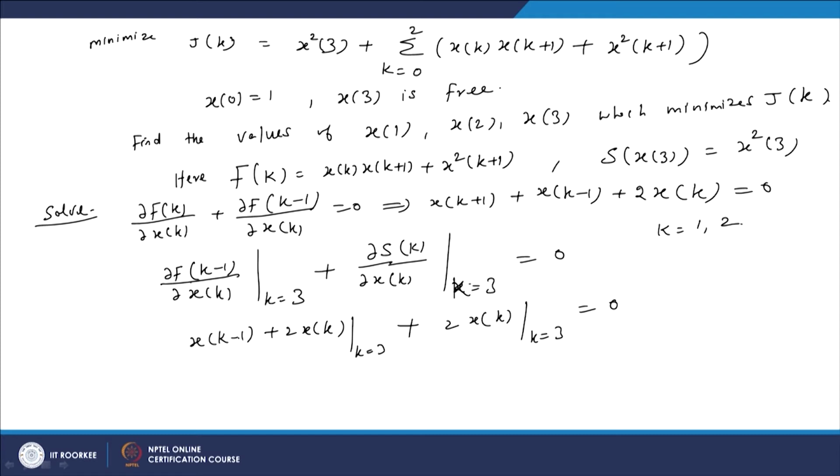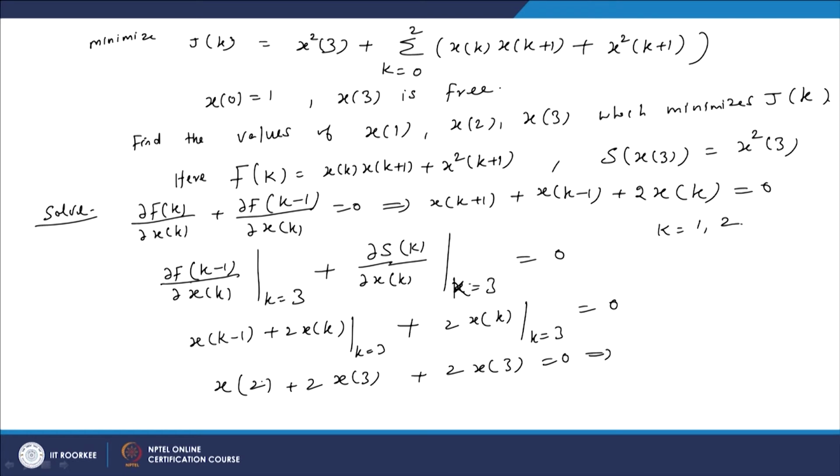So, this condition will give, when we put k equal to 3, we get x of 2 plus 2 times x of 3, and here also we will get 2 times x of 3, that is equal to 0.